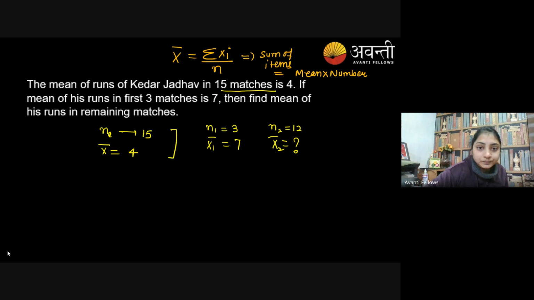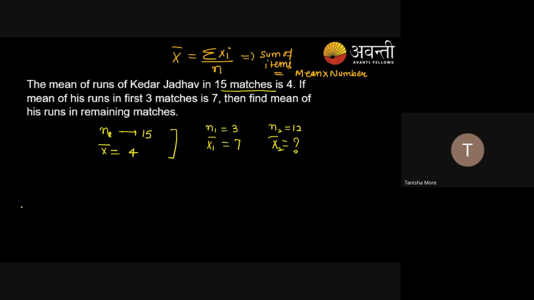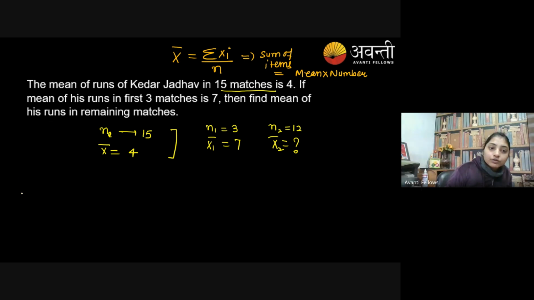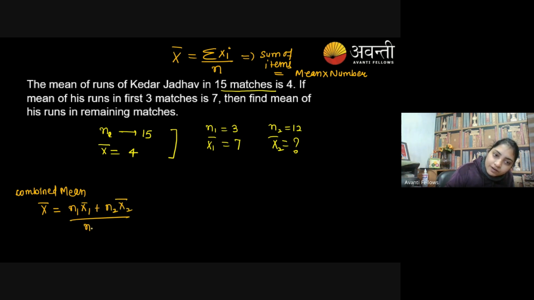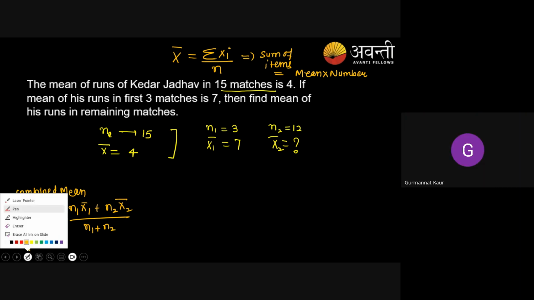Yes, ma'am. So I have a formula, the combined mean. What was the formula for that combined mean? The formula is: mean is equal to n1 x1 plus n2 x2 divided by n1 plus n2. Is it clear to everyone? Yes.